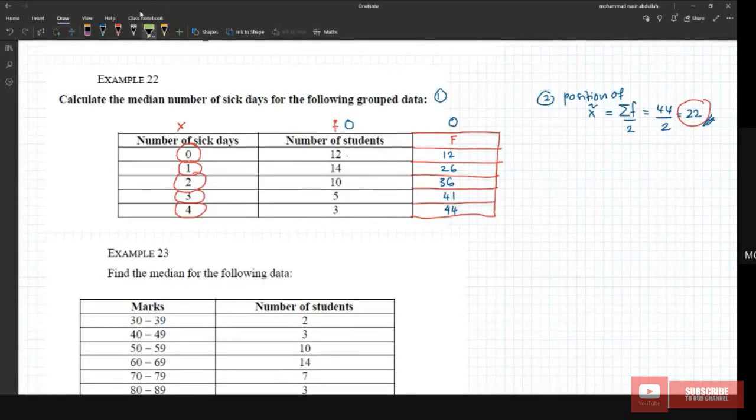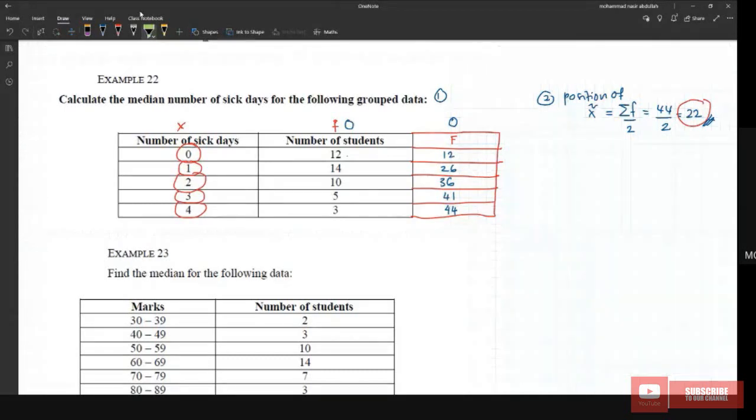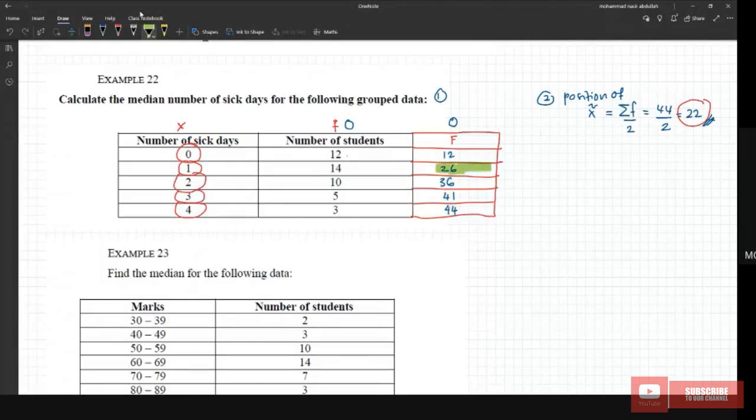Do we have cumulative frequency equal to 22? We don't have. The cumulative frequencies are 12, 26, 36, 41, 44. Since we don't have equal to 22, we need to find the next greater. The next greater is 26. So this is your median class.